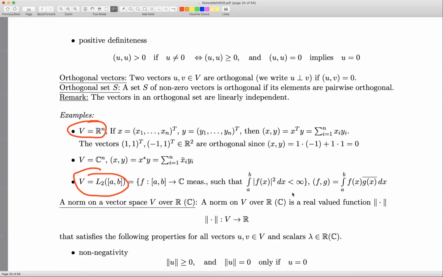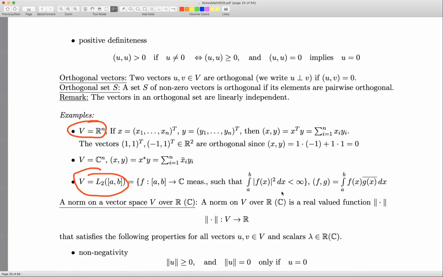But nevertheless, this is more of an analysis topic, or even functional analysis at some later point. So just think of the fact that this integral, the integral from a to b of |f(x)|^2 dx, is less than infinity, and keep in mind that this integral is a Lebesgue integral.